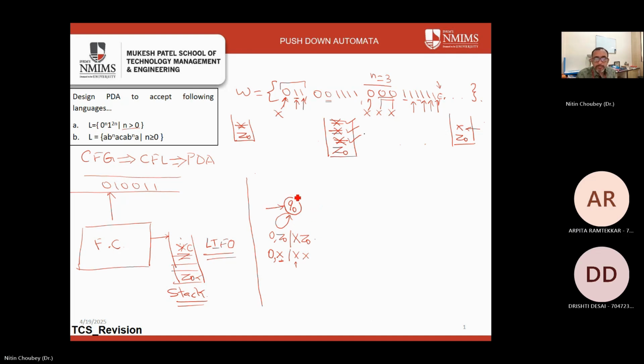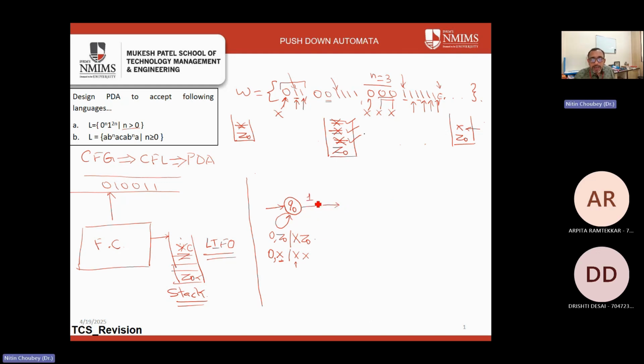Yes, sir. Now this process of pushing X onto Z0 will continue till we don't get 1, right? On the receipt of 1, what we need to do is skip the first one, and for each second one, we'll pop one symbol from the stack. So let's represent it.